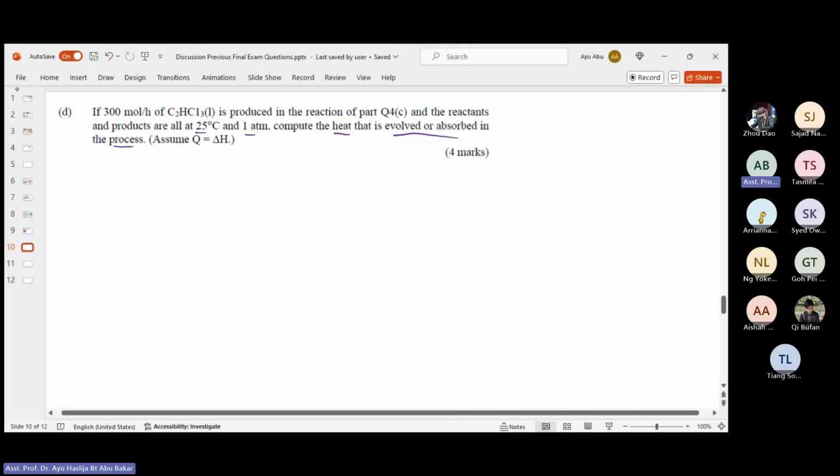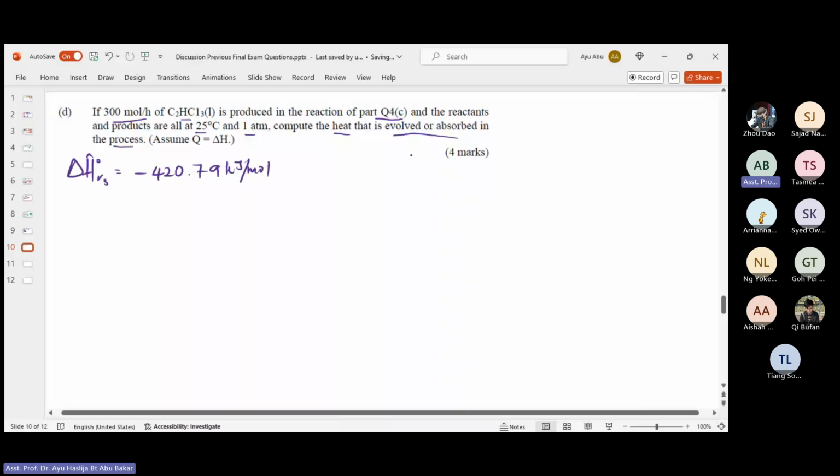Okay, again, if 300 mole per hour of this is produced in reaction part Q4C, it means you need to involve the heat of reaction 3, which is earlier negative 420. It asks you to compute the heat that is evolved or absorbed in the process.